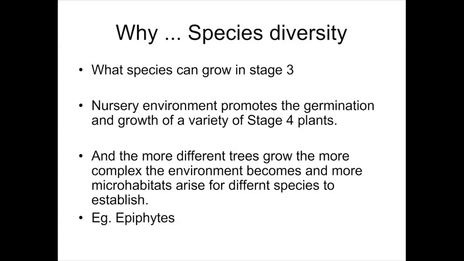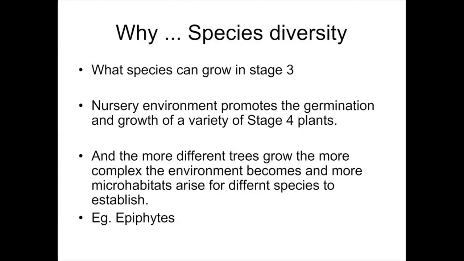There's a greater number of plants that can grow in Stage 4 than in Stage 3, because of this increased soil quality. So this nursery environment provides an environment that promotes the germination and growth of a variety of Stage 4 plants. You are going to find these Stage 4 plants, and you're going to record and talk about them in your report.